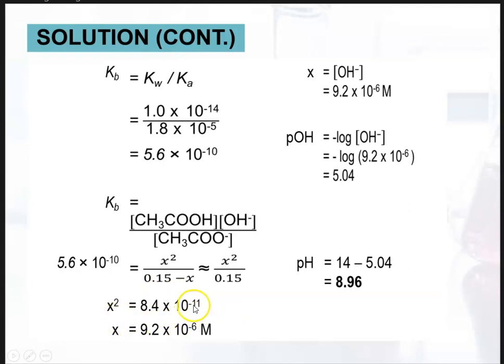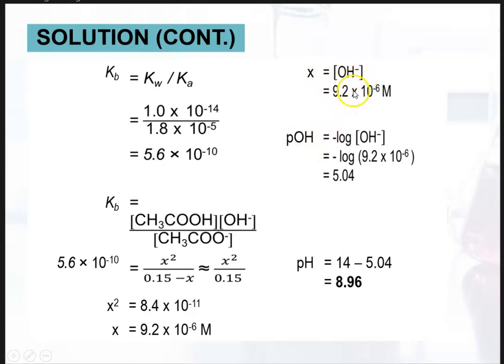Normally the assumption is valid. Get the x. x is actually equal to the hydroxide ion concentration, because you refer back to the previous equation. Look at the back, whether it is OH or H plus. If it is OH minus, then x is the concentration of hydroxide ion.